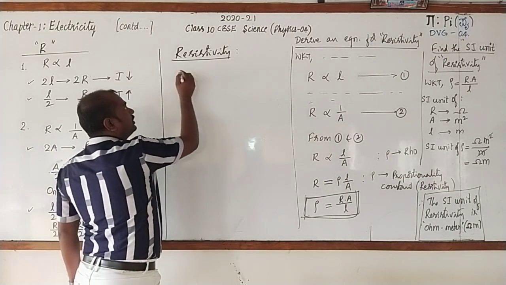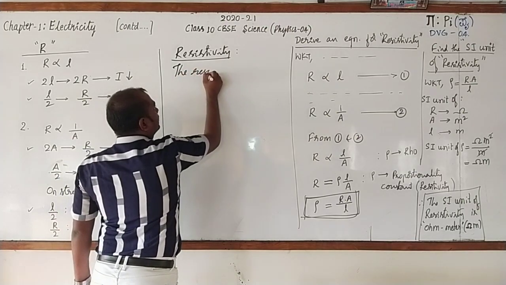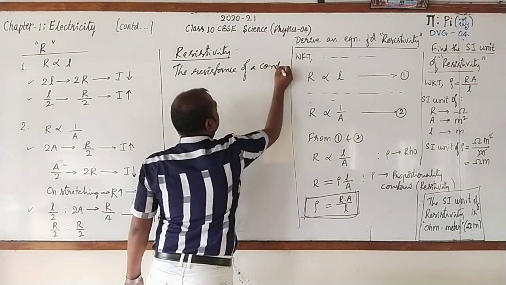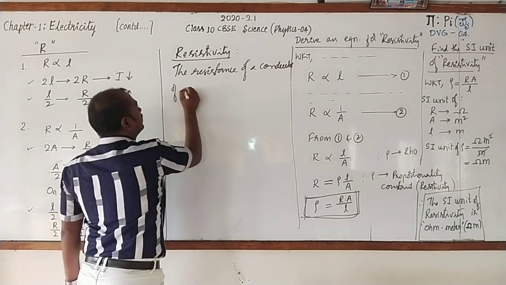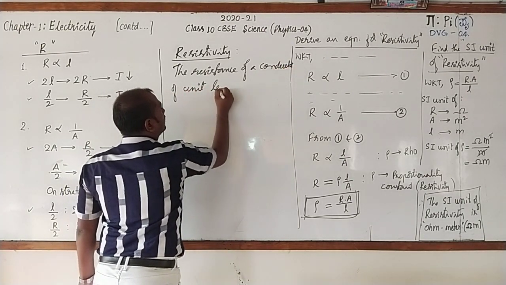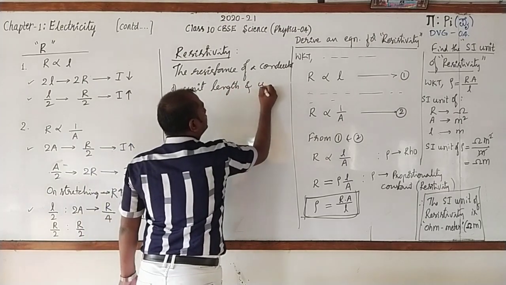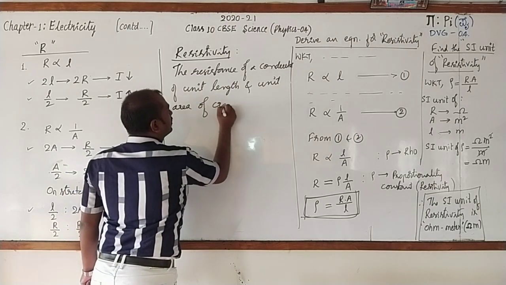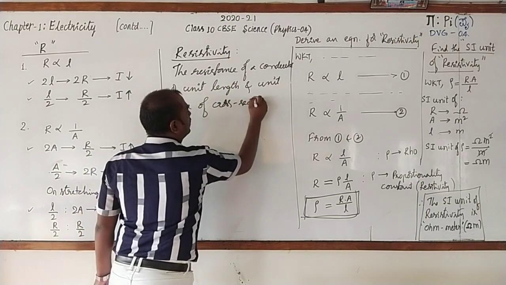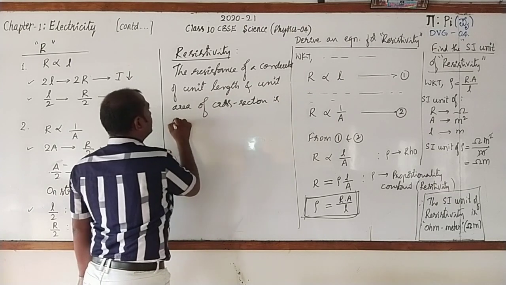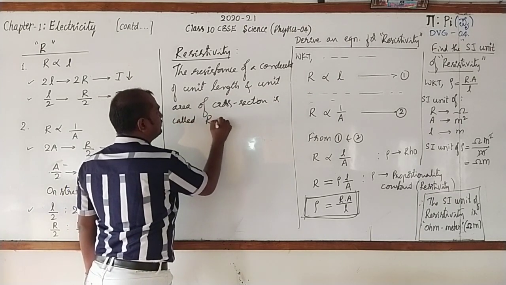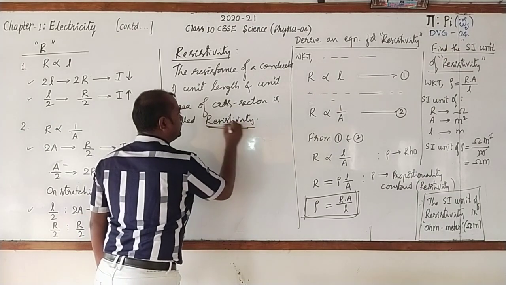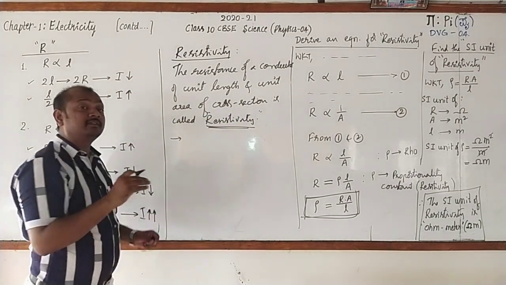Just observe here: the resistance of a conductor of unit length and unit area of cross section is called resistivity. Got it?